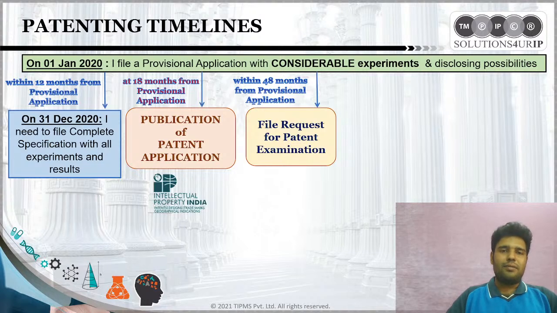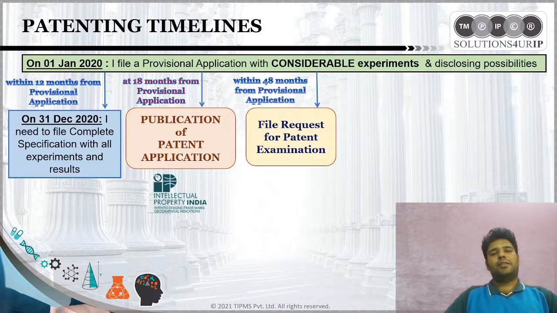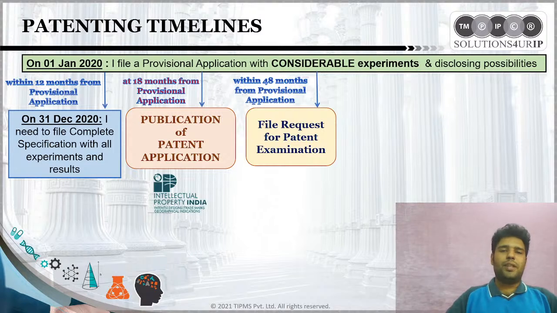For that reason, the patent application is published. And if you want your patent to be granted sooner, you may opt for request for expedited examination. Earlier, when request for expedited examination was not available, you might have not filed the complete specification and provisional specification separately.